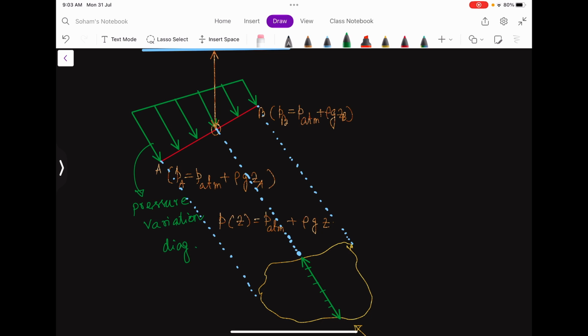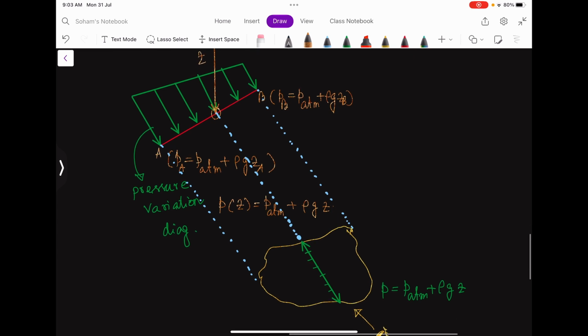So that means at all the points on this line, the pressure is the same, and that is equal to P = P_atm + rho g z, where z is this arbitrary height.